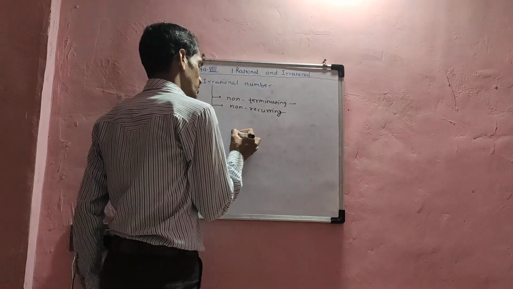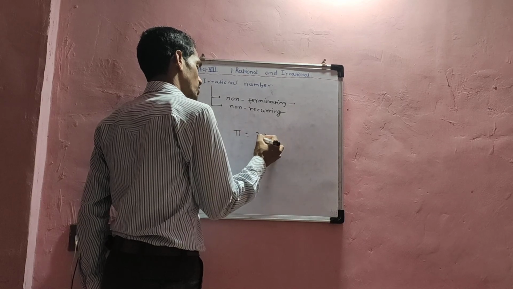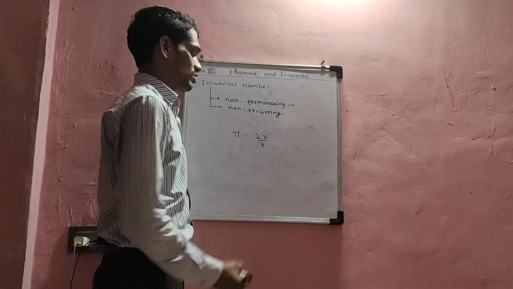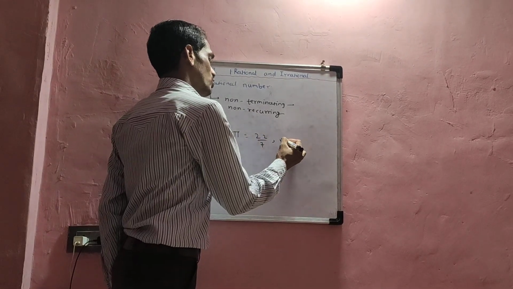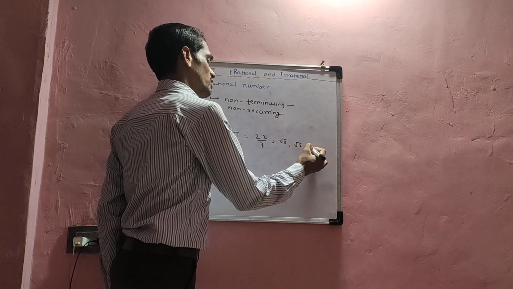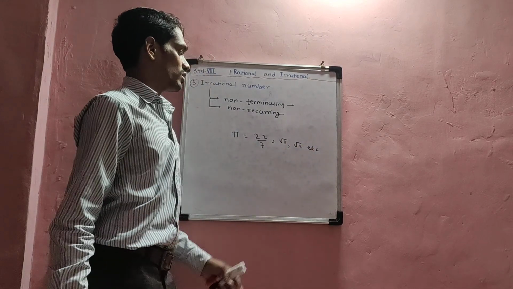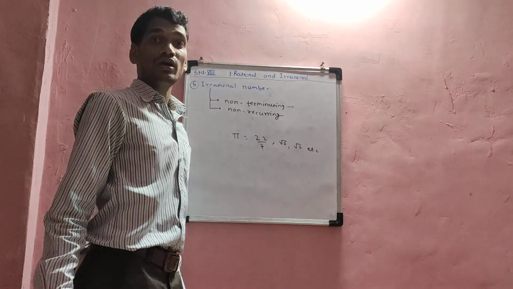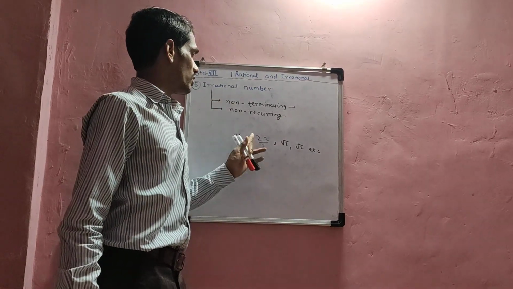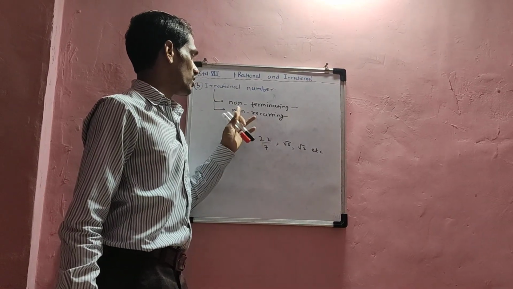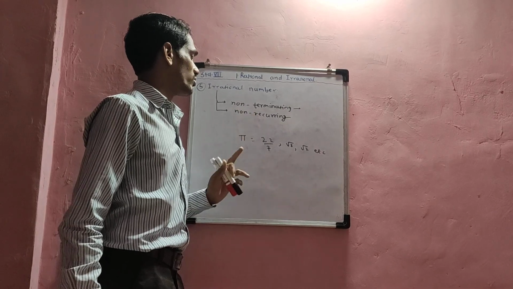Say for example, the value of pi, which is 22 upon 7, root 2, root 3. These are non-repeating, non-terminating, non-recurring numbers.